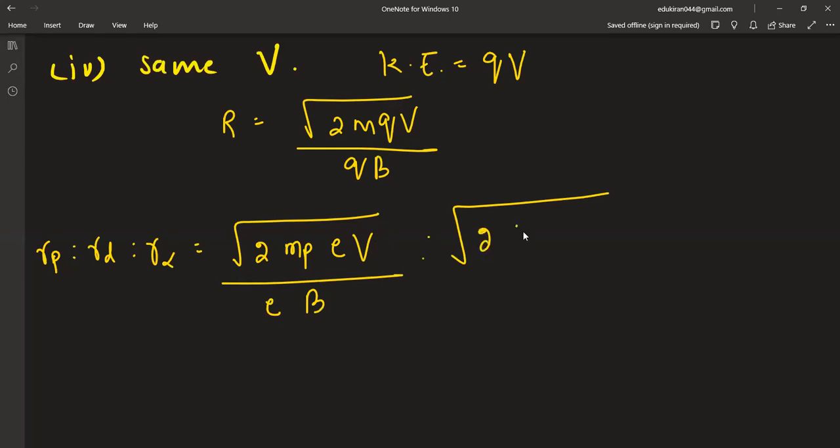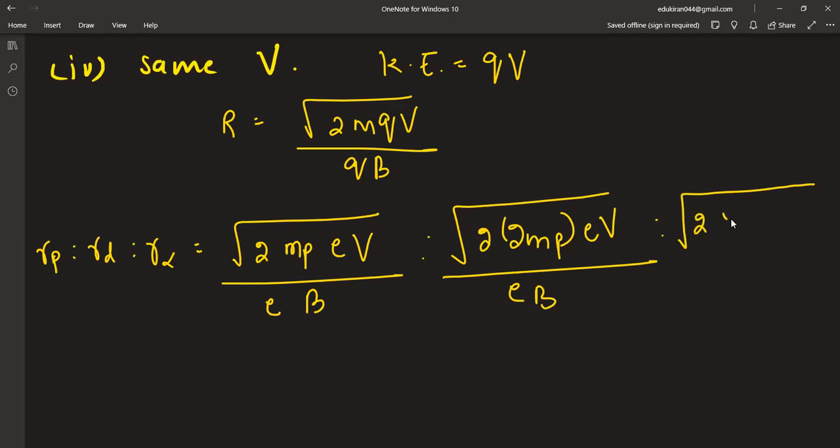Twice of mass of proton, electronic charge, potential, electronic charge, magnetic field. 4 times mass of proton, twice charge into V by twice charge into B. See, what will be left?